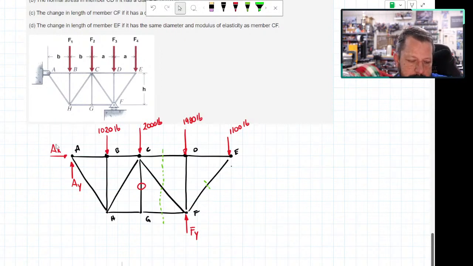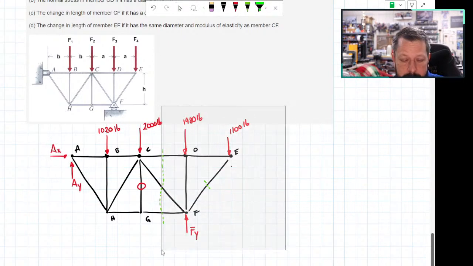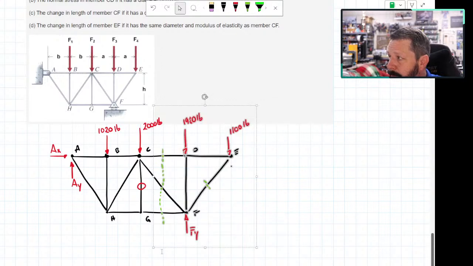So if this problem didn't specifically say that I needed to find AX and AY, then I would look at just this right-hand side of the section of the truss, and I would need to find the value for Fy, but then I'd be done with all the external reaction stuff.